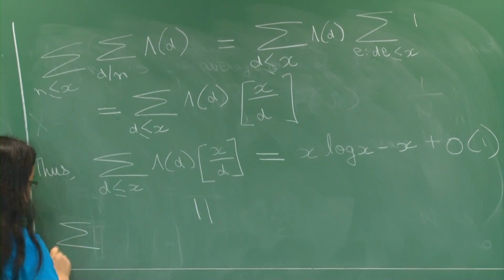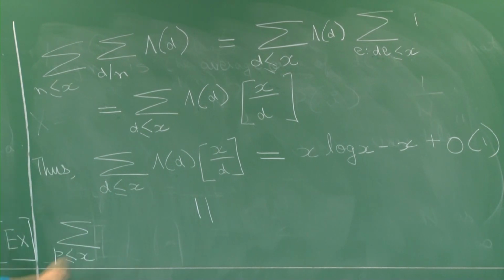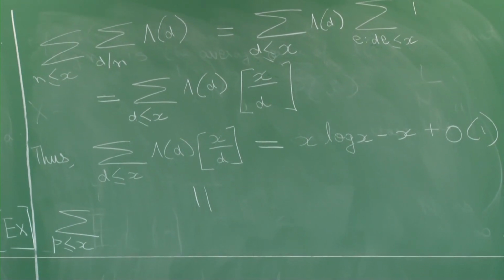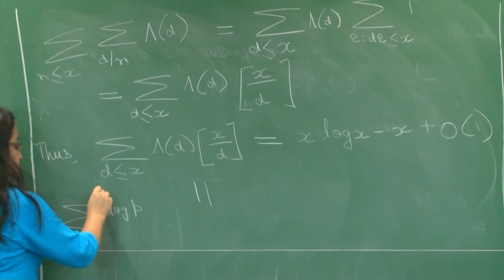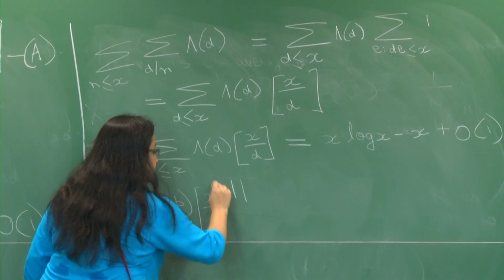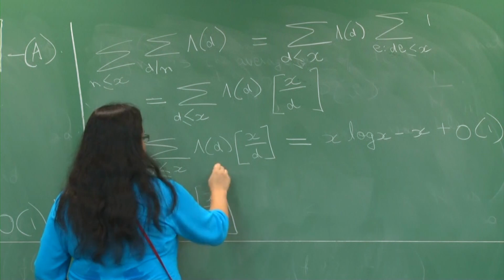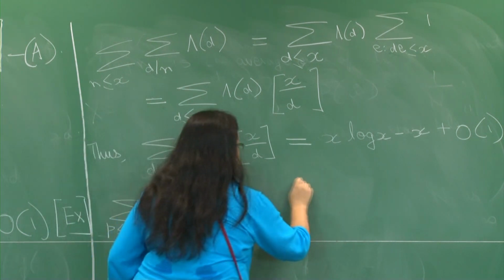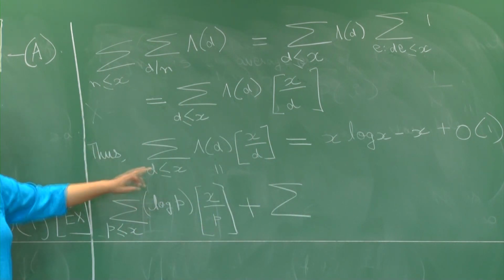So, let us take p less than or equal to x, lambda of d in that case is just log p times the greatest integer of x by p, plus the second part of this sum goes over, as I mentioned, the prime powers.